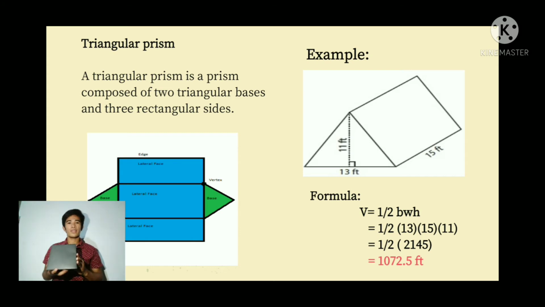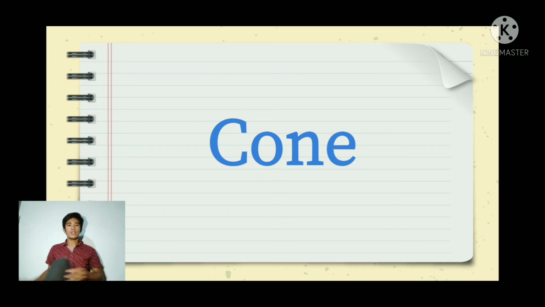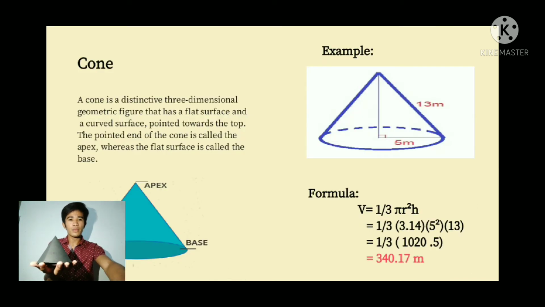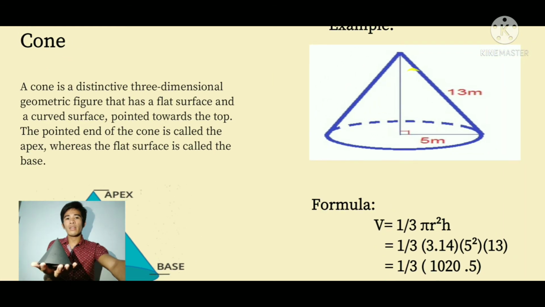Okay. So the next figure, cone. So this is an example of a cone. A cone is a distinctive 3-dimensional geometric figure that has a flat surface and a curved surface, pointed towards the top.